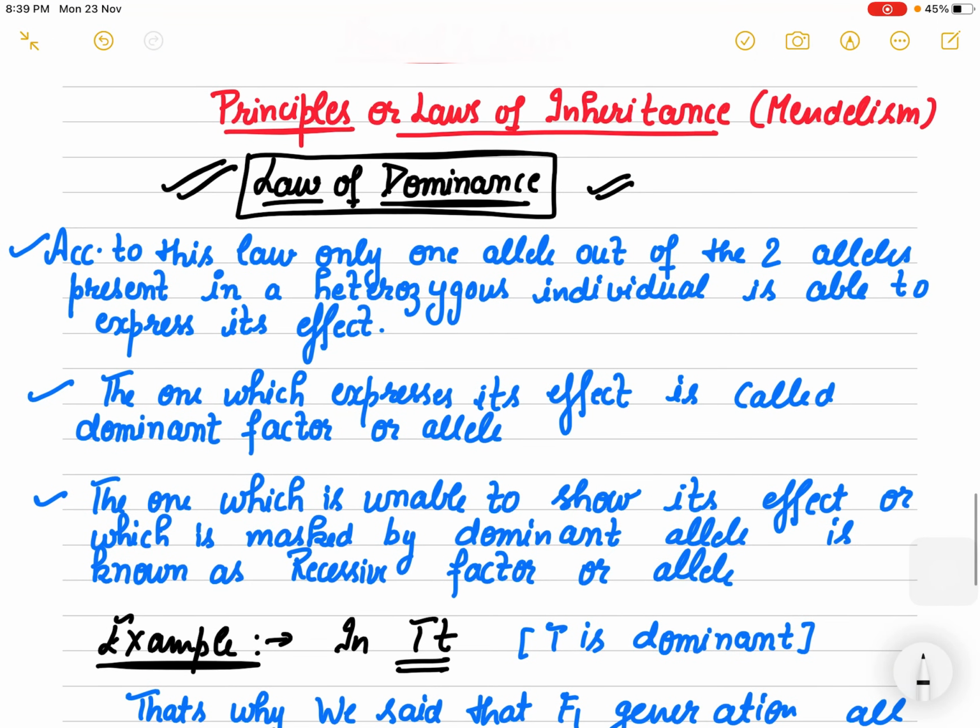Now, what did you see in monohybrid cross? That only one allele. What was our allele? These were our alleles, and our first generation was this one, right?